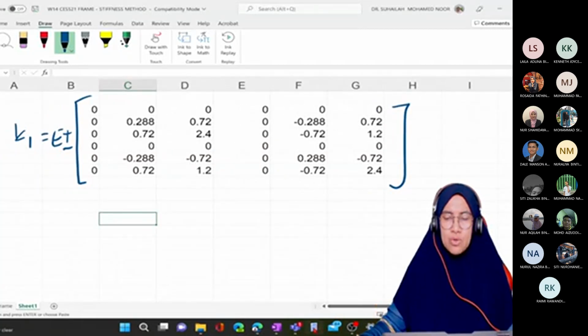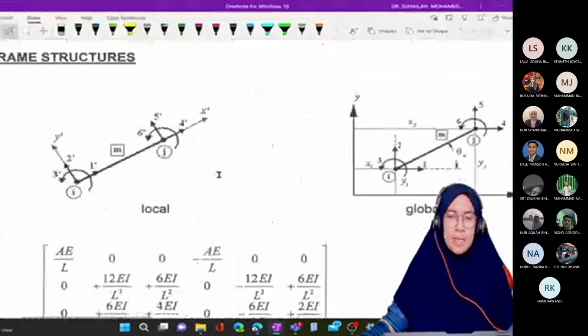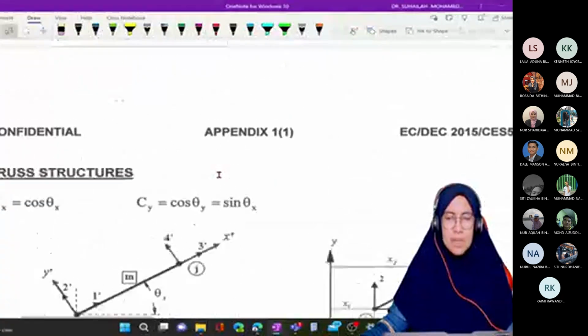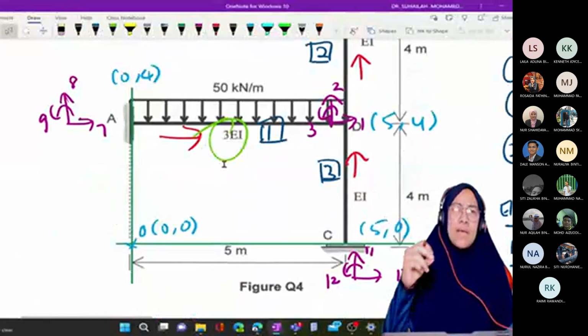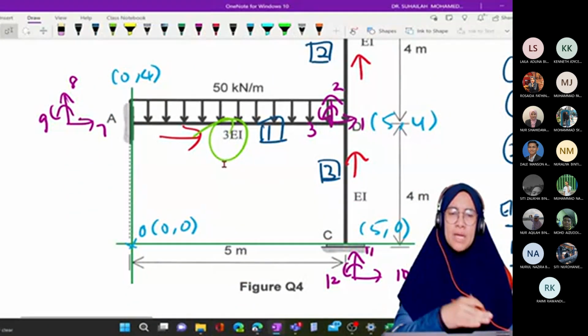But don't forget to label. When we want to label, we have to label by looking at the arrow from near to far.